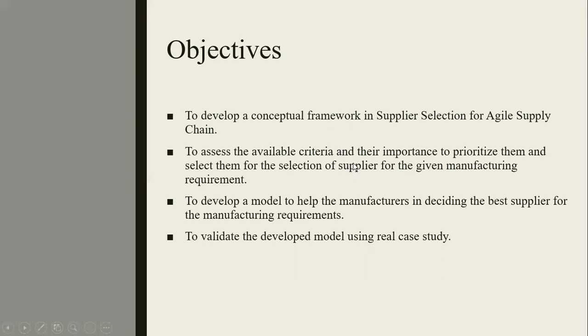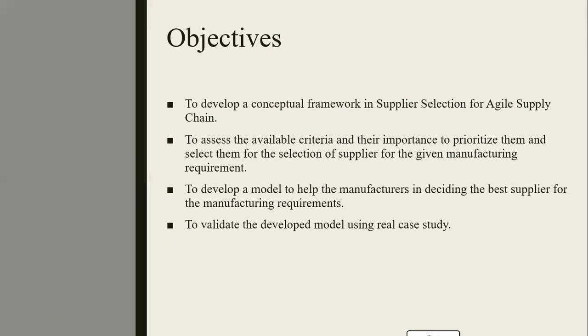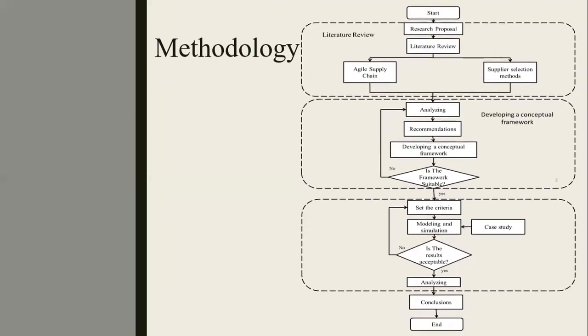Number four, to develop a model to help manufacturers in deciding the best supplier for the manufacturing requirement. Last one, to validate the developed model using a real case study for a manufacturing company, a plastic manufacturing company.